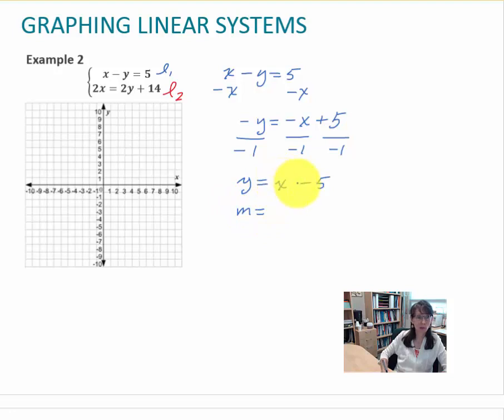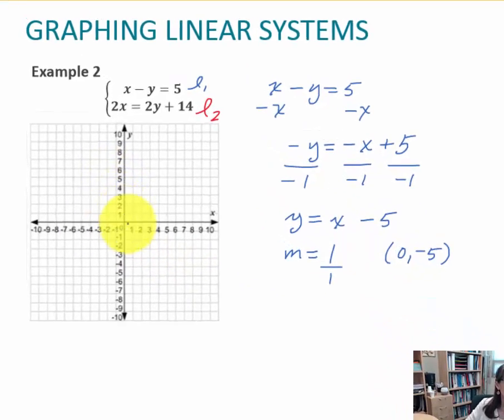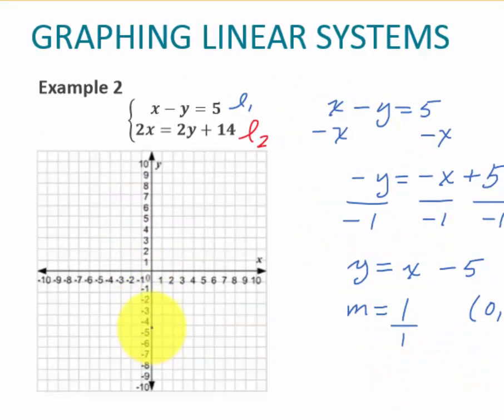That means it's positive 1. So the slope is 1. And our y-intercept is 0, negative 5. So we'll plot 0, negative 5. Rise 1, run 1. We'll draw that line, line 1.